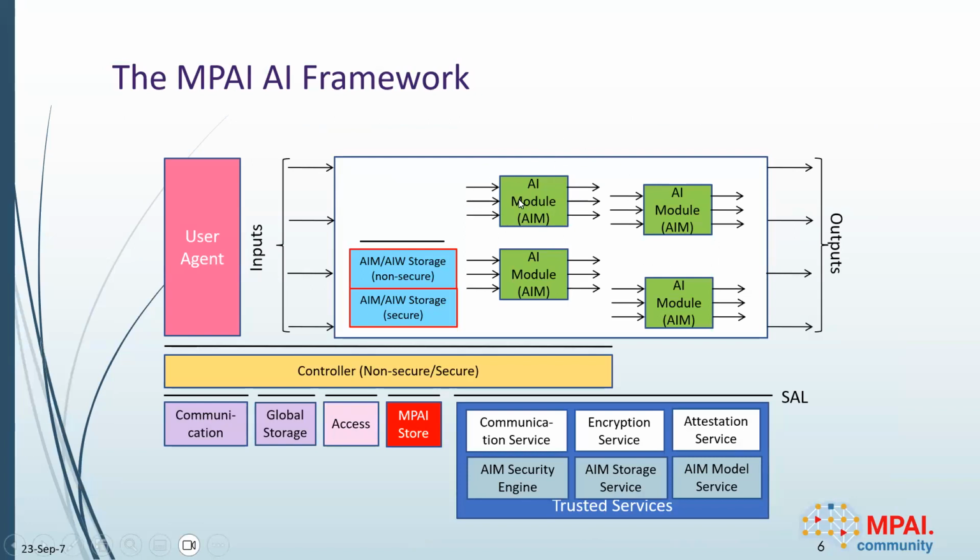The modules are interconnected and create a workflow, and the workflow is executed inside this environment, and the controller has the possibility to call APIs for communication, storage, access, and also to the MPAI Store, which is where the AI modules and the AI workflows are stored and can be downloaded. It can also call security APIs for communication, encryption, and attestation.